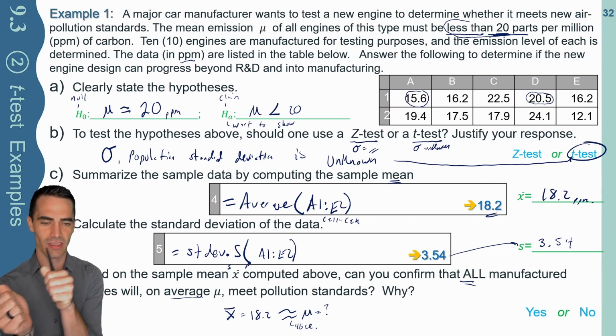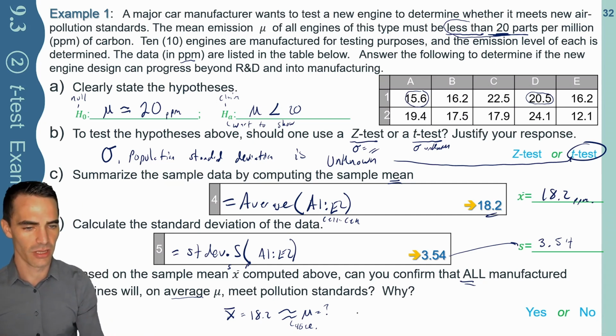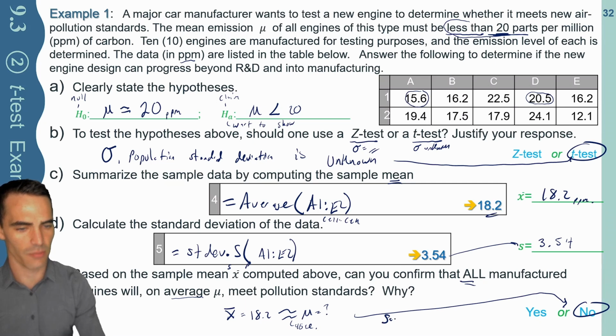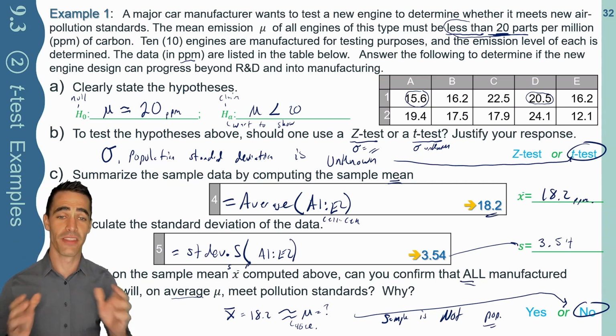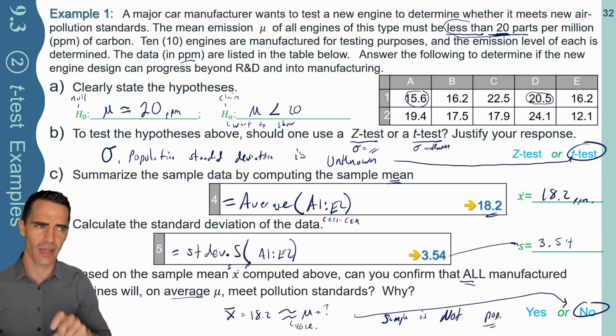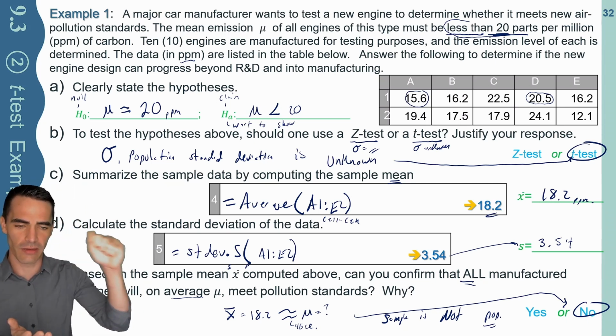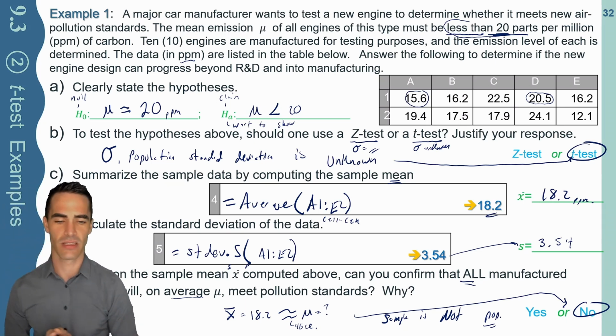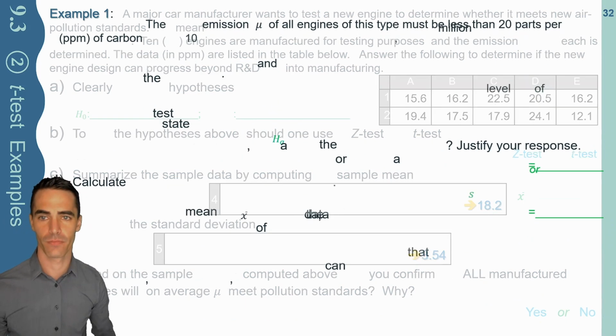I can't compare directly the sample and the population, and so the short answer is no. And again, because sample is not population. They're close, they're related, but I cannot directly take a sample and infer it onto a population. There needs a little bit of math, a little bit of statistics onto how we compare those.